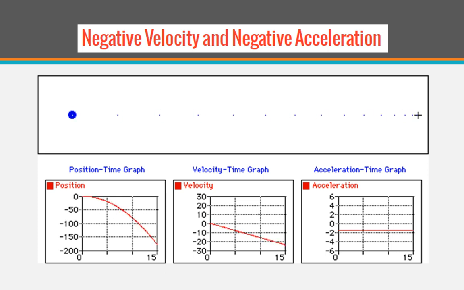They're getting more steep. So if the slopes of a DT graph are getting steeper, it's speeding up. But it's speeding up in the negative direction. And if you look at the ticker tape, it's accelerating left. It starts on the right and accelerates left.